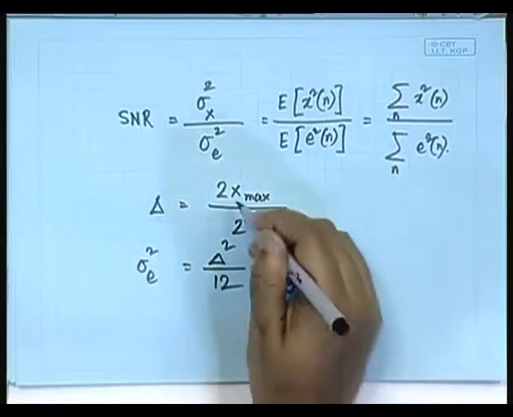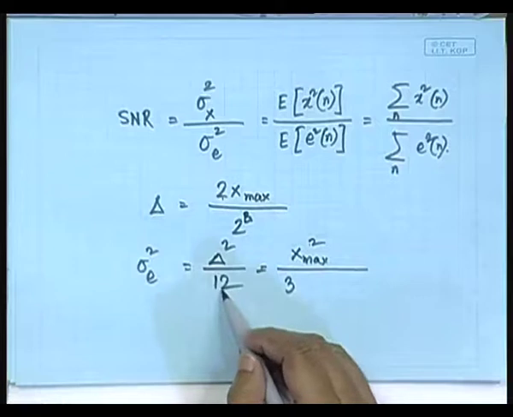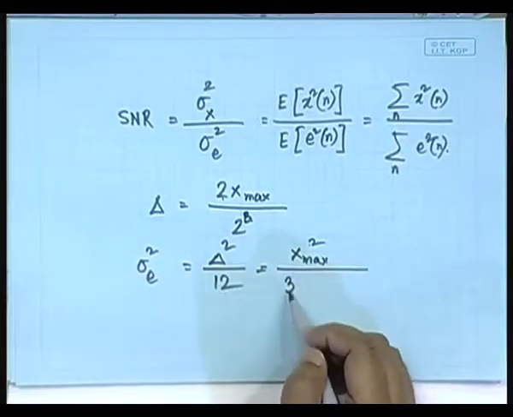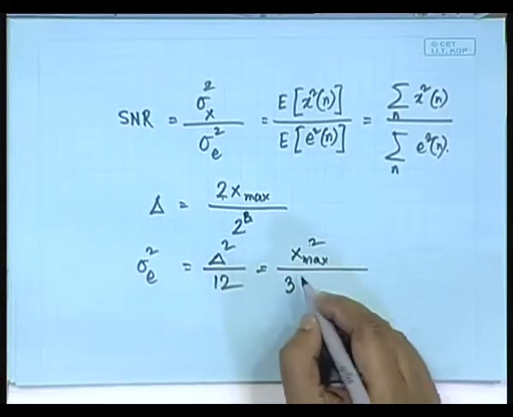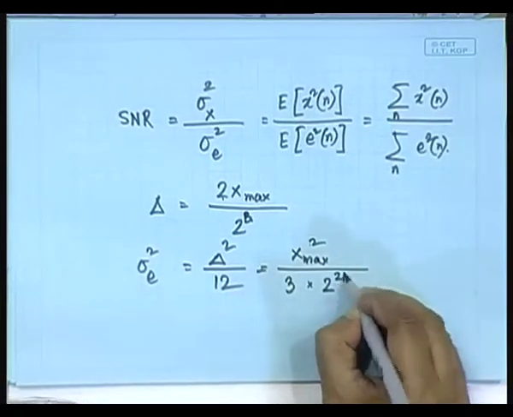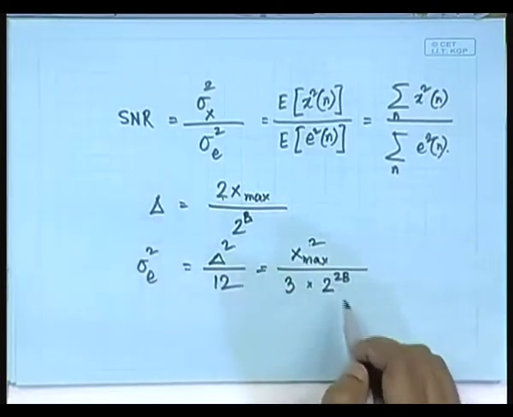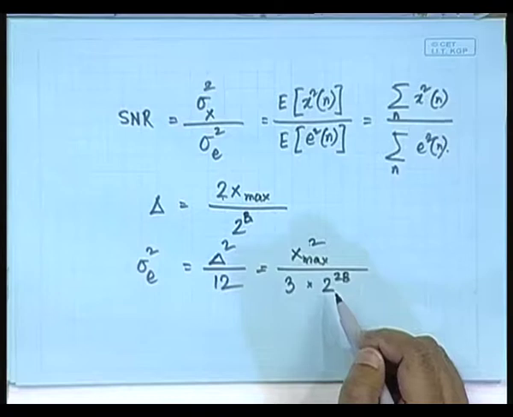It is coming out to be 3 because there is a 2 term over here. So, delta square makes it 4 and there is a 12 in the denominator. So, all total we have a multiplication factor of 3 in the denominator. So, it is 3 into 2 to the power 2b, again because it is 2 to the power b for delta, for delta square it is 2 to the power 2b.